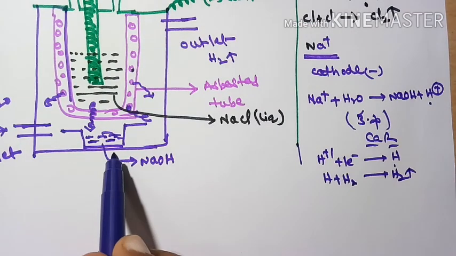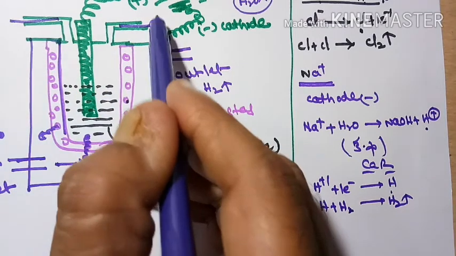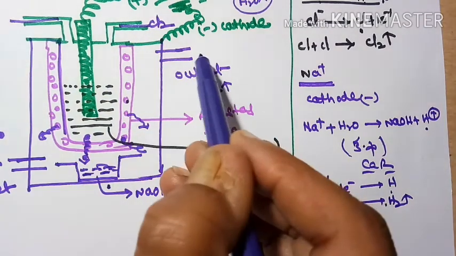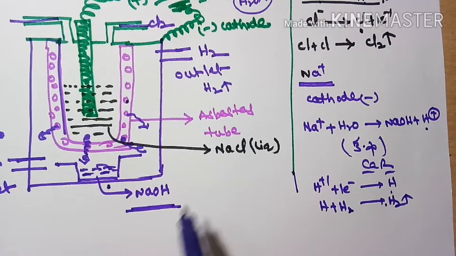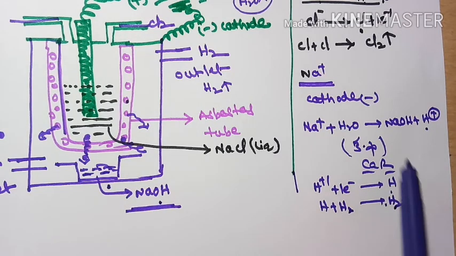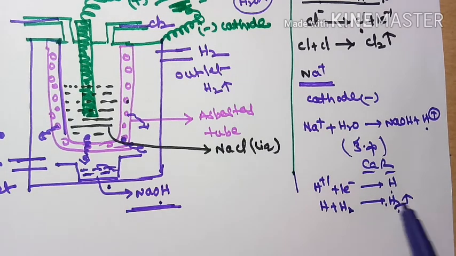So finally we collected sodium hydroxide here. At the anode we are collecting chlorine gas. At the cathode we are collecting hydrogen gas. We intended to prepare sodium hydroxide, but we got hydrogen and chlorine gases as valuable byproducts.